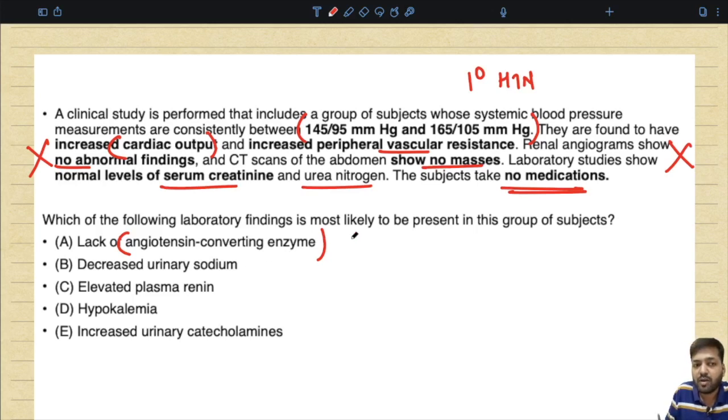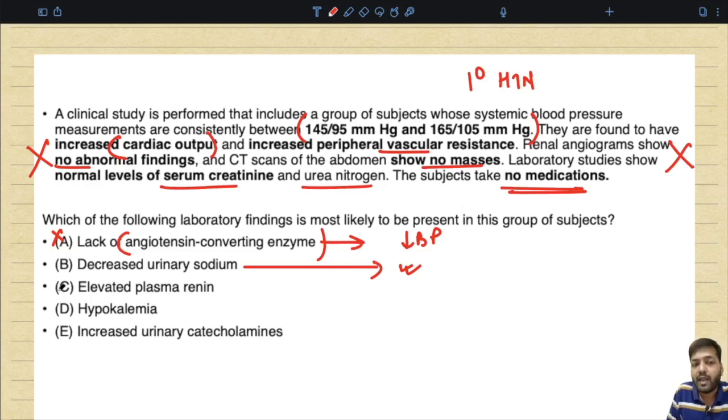Decreased, because lack of ACE enzyme ultimately is going to cause a fall in the BP. So this will be a wrong option. Okay. So decreased urinary sodium. Yes, decreased urinary sodium can be the answer, because this decreased renal or urinary sodium basically is the initial step in the pathogenesis of primary hypertension, as we have already seen. So this might be the correct answer.